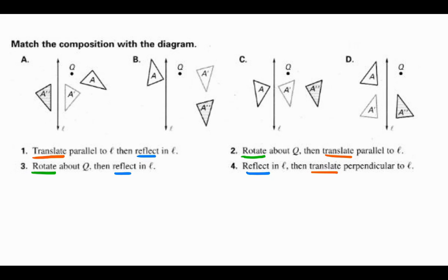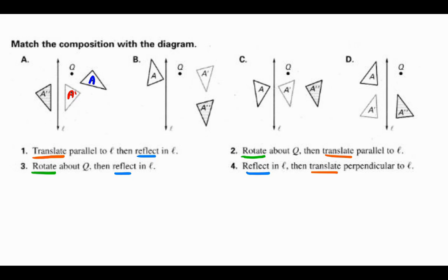When we look at this in problem 1, our pre-image is A. Our first image is A prime.